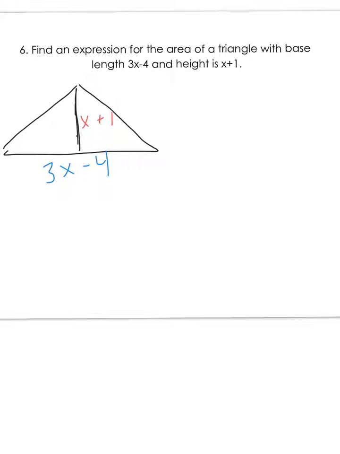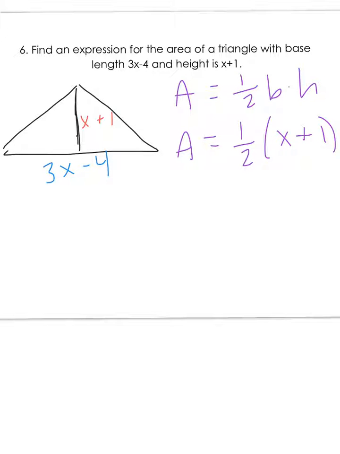Now if you can recall, the formula for the area of a triangle is 1/2 my base times my height. So my area here, if I plug in the information I know, area equals 1/2 my base times my height. And it's okay that I switch the order because order doesn't matter in this formula.